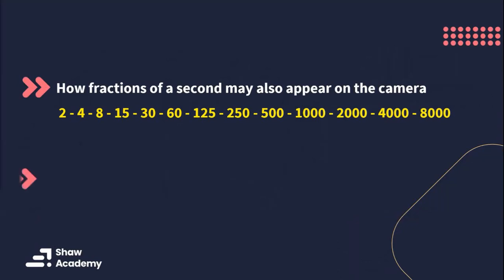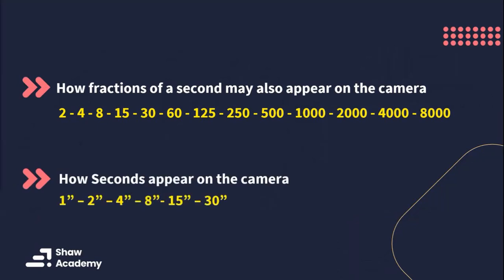Now, as I mentioned before, typically we don't use seconds when we're capturing video footage, but you will identify them with quotation marks beside them to let you know that you're dealing with seconds. So there needs to be some kind of indication on your camera that you're dealing with a much longer amount of time, rather than fractions of a second.